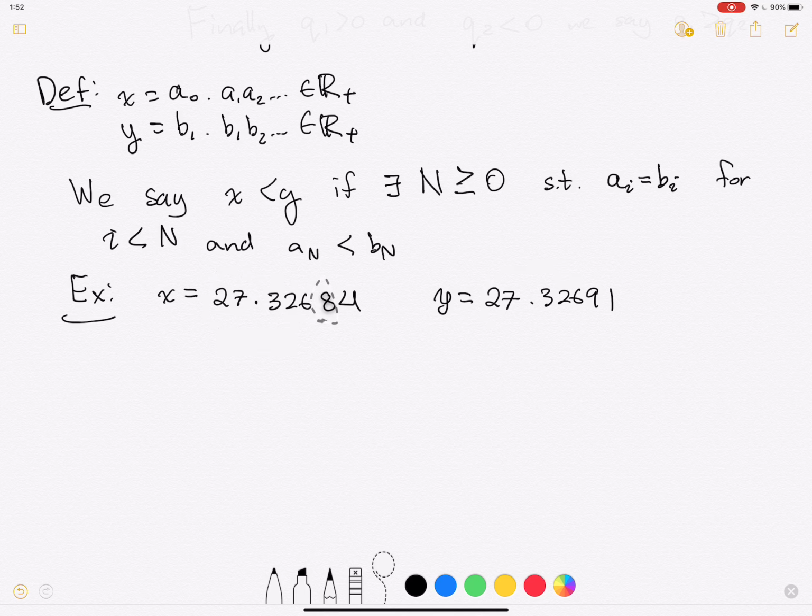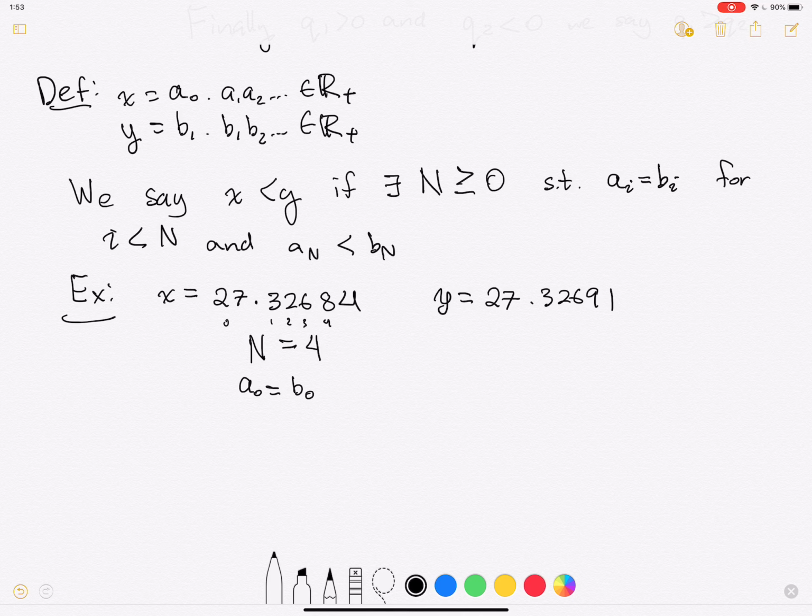But here we have the 8, which is less than the 9 at the next spot, giving us the n. This is the 0, this is the 1, this is the 2, this is the 3, this is the 4. So n equals 4.